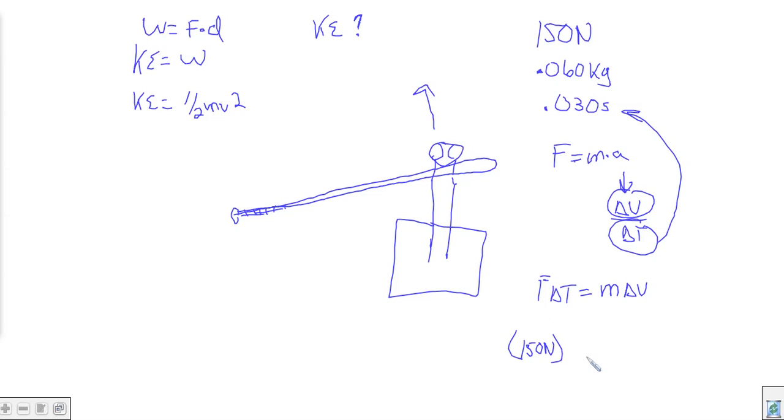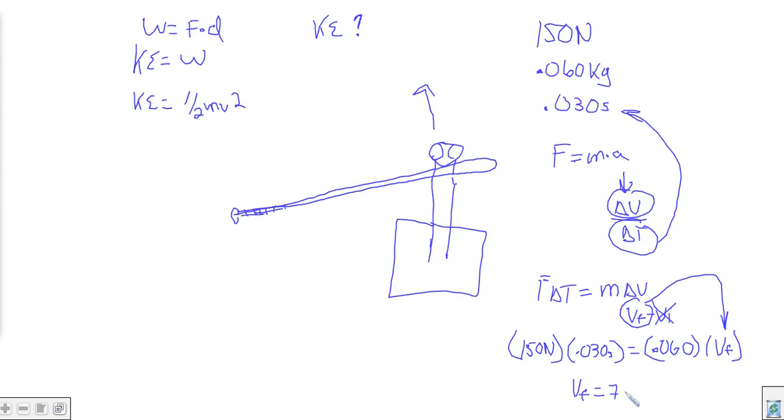We have 150 newtons, and our time is 0.030 seconds, and that's going to equal our mass, 0.060 kilograms, times our final velocity, because we don't have an initial velocity. This would have been final velocity minus initial velocity, and since that's 0, it doesn't matter. Boom, that goes in right there. Multiply these, divide by this, we find our final velocity is going to be 75 meters per second.